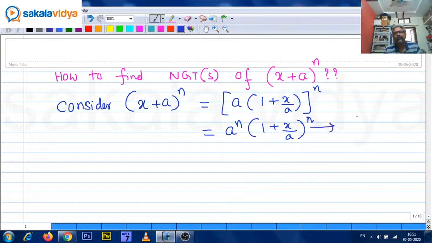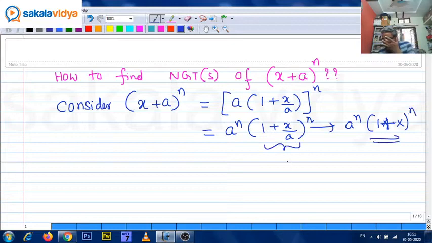Now it is in the form of a^n into (1 + x)^n form. For this one we can find the NGT. Understood now?